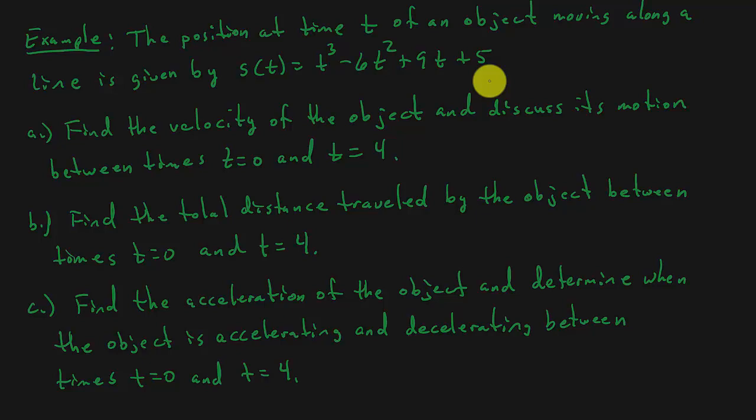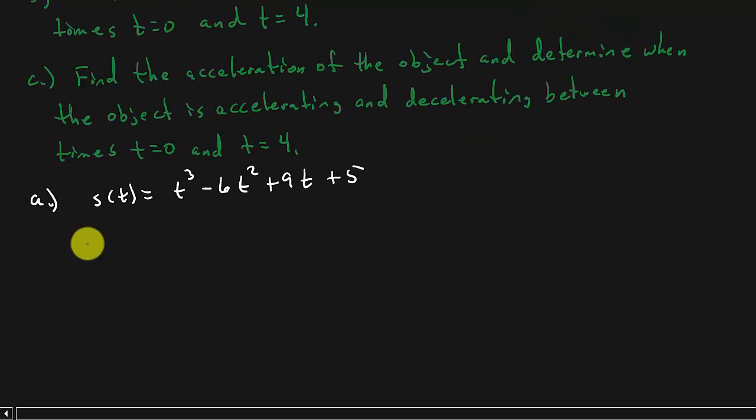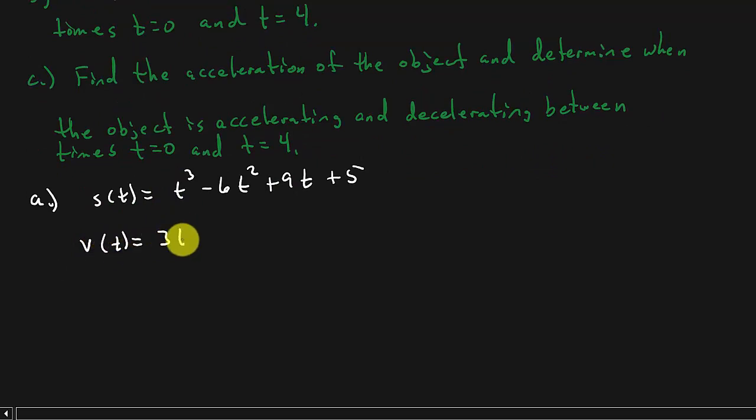All right, so part A, we've got s of t is equal to, I'm just writing down the function again, t cubed minus 6t squared plus 9t plus 5. And its velocity, v of t, is equal to 3t squared minus 12t plus 9.